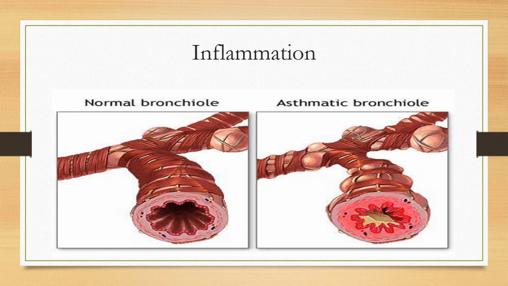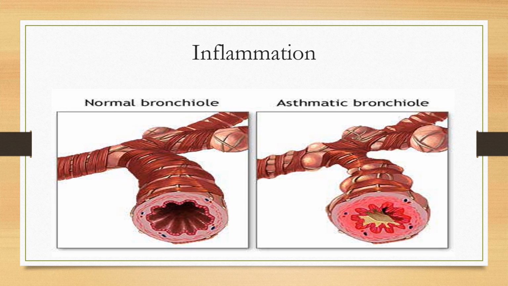Let's talk about inflammation. Inflammation is one of the hallmark signs of asthma, and inflammation is a really, really bad thing. I have two images here: the image on the left is a normal bronchiole, and the asthmatic bronchiole is on the right. I wanted to highlight some of the features.